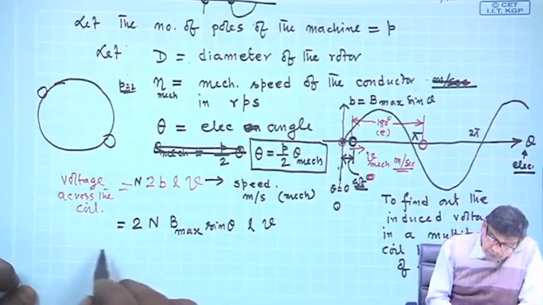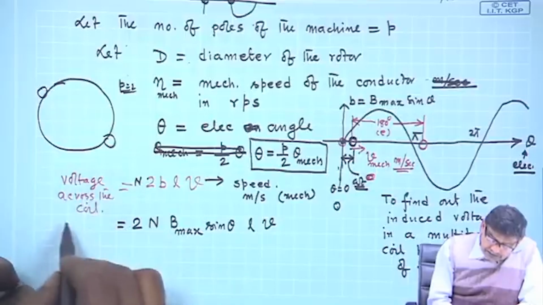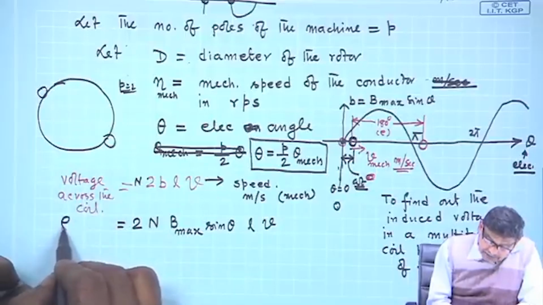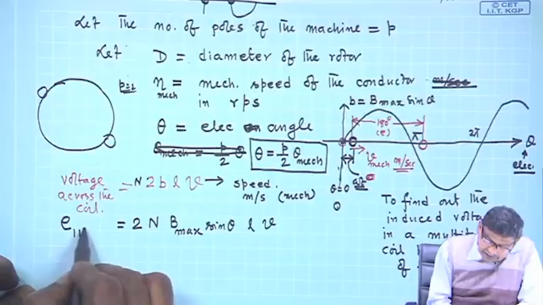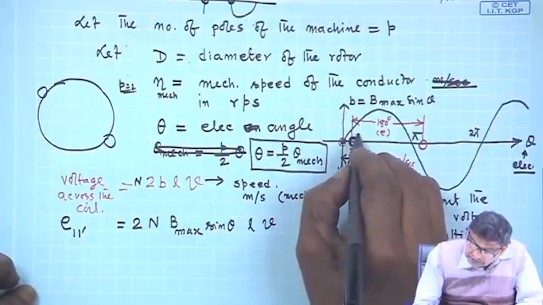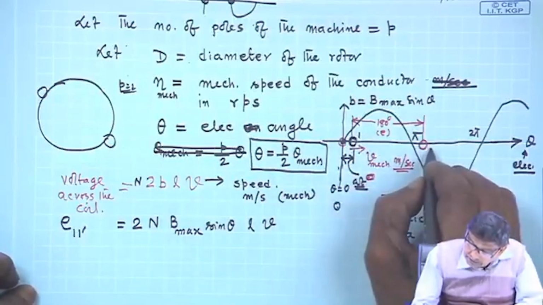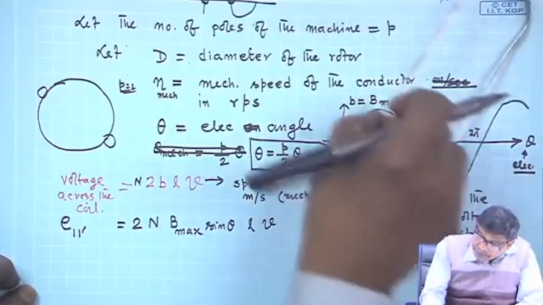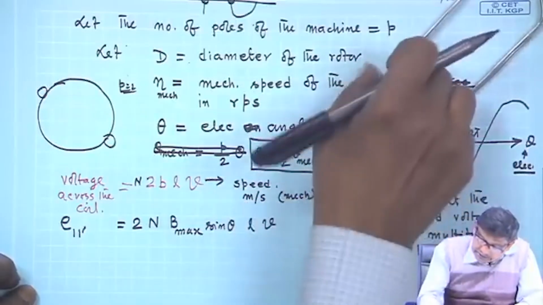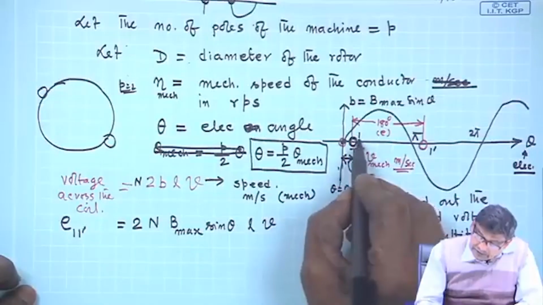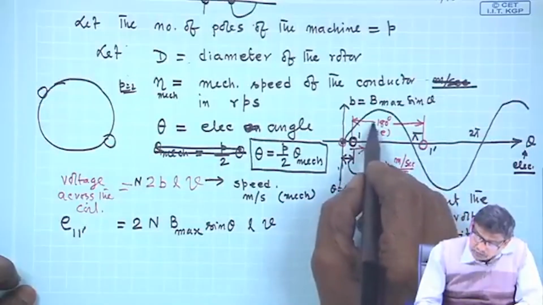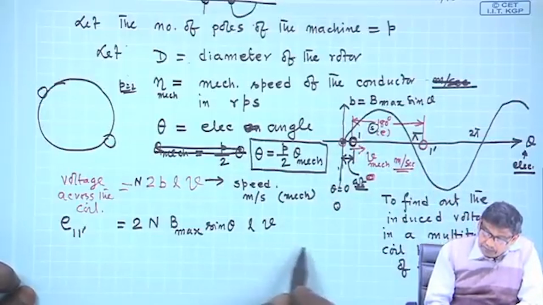Now, let me indicate this coil by E 1 dashed. This is 1, the other side is 1 dashed, and it is moving like this. So, this is the south pole, and that way the polarity will become.